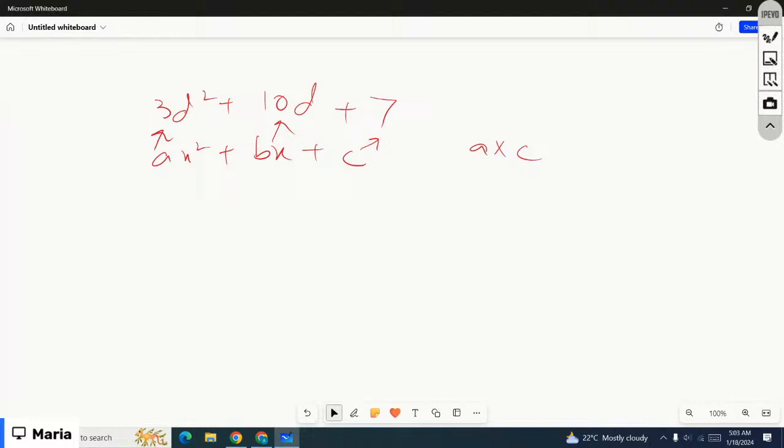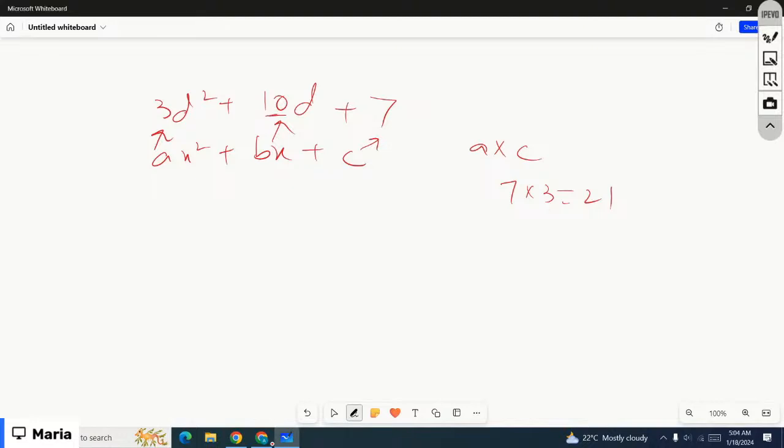You have to do a times c, so 7 times 3 equals 21, right?